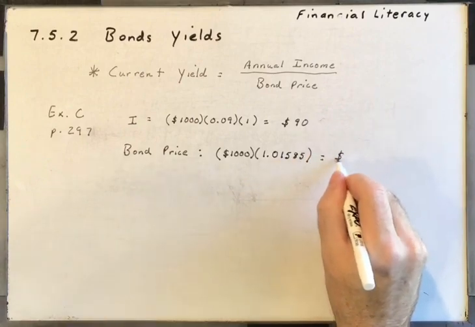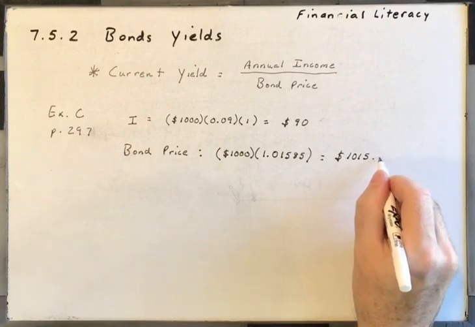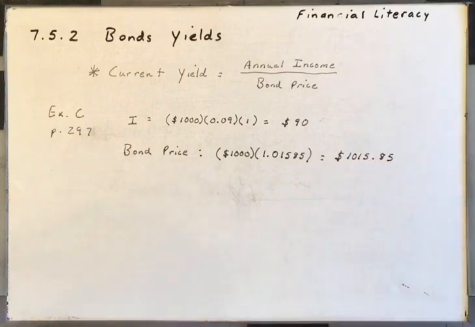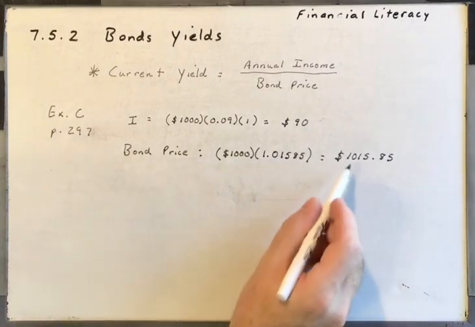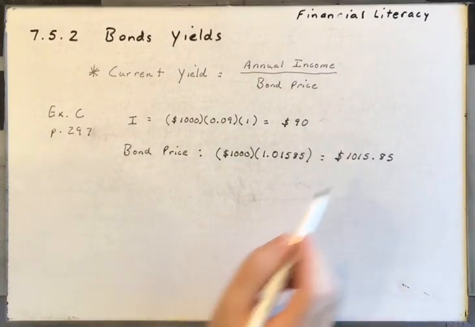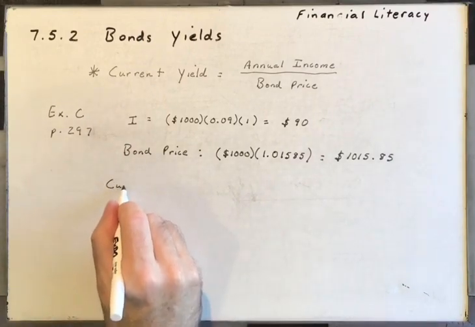And you get a bond price of $1,015.85. So this is a $1,000 bond, but because it pays a higher interest rate than market value, it's selling for $1,015.85.